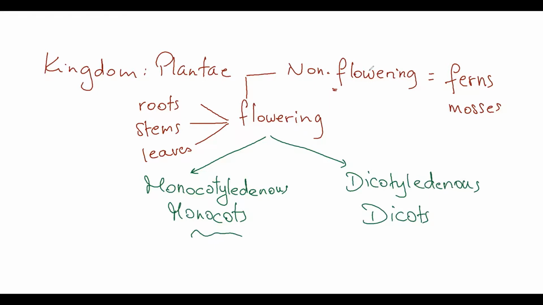Now here the monocots, they have only one cotyledon. Now what's a cotyledon? If this is a seed, for example, like the maize, you can never separate its parts. It's only one part.